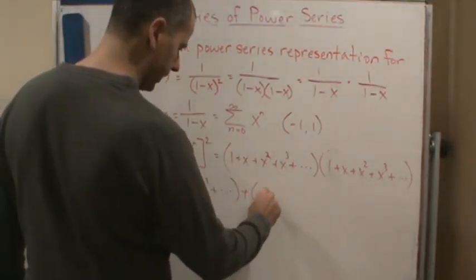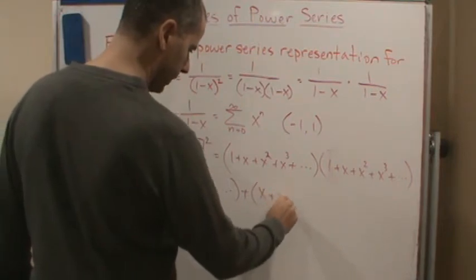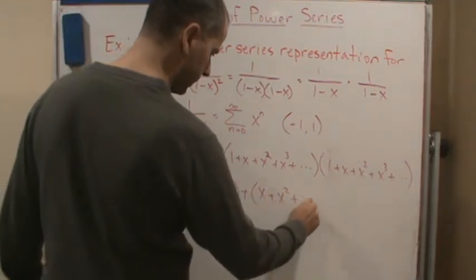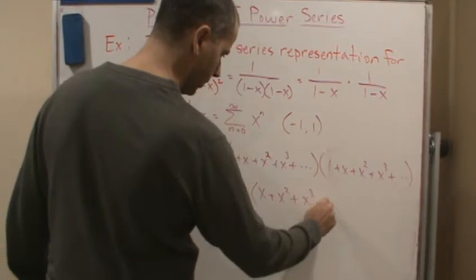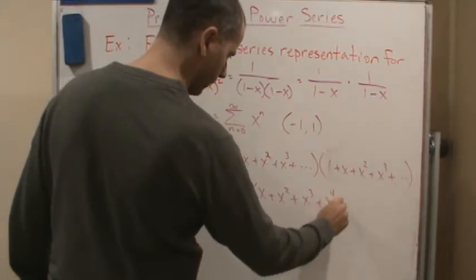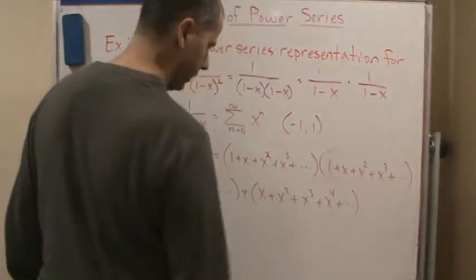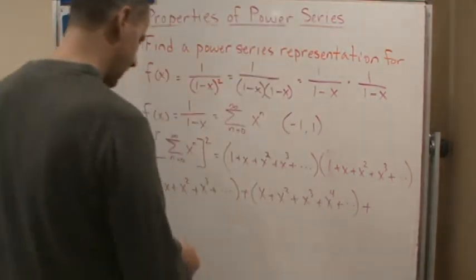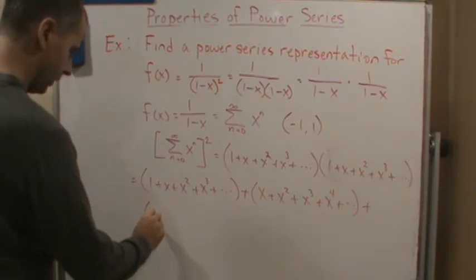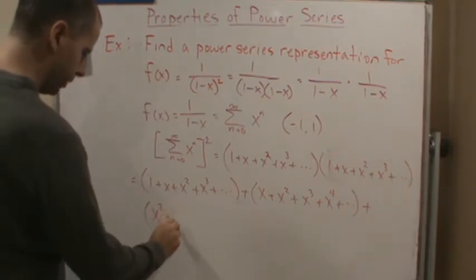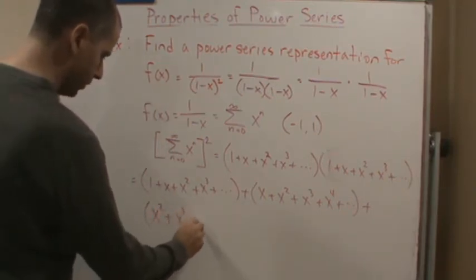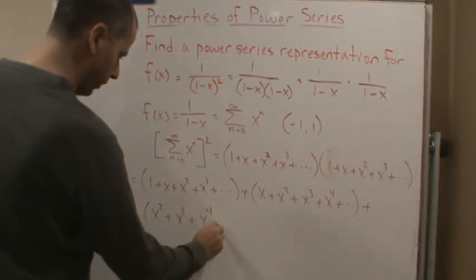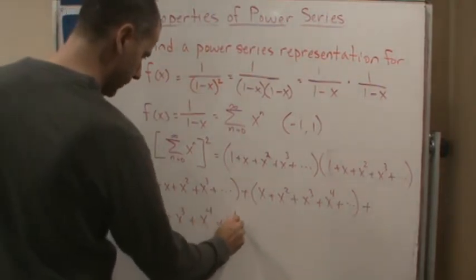So now it's going to look like this: x plus x squared plus x cubed plus x to the fourth plus so on. And then plus, now we're going to get something that starts at x squared plus x cubed plus x to the fourth plus so on.